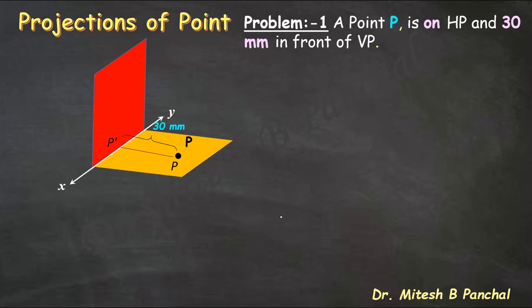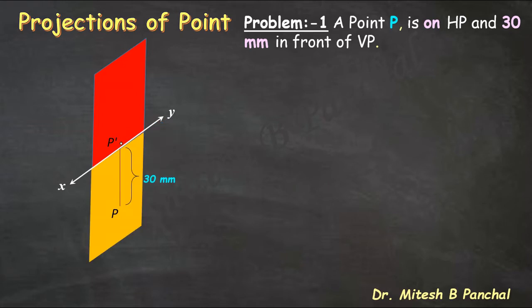Now we want to draw its projection. So we know that VP, that is red plane, will remain as it is, and we will rotate HP in clockwise direction by 90 degree. So ultimately we get both the projections on same plane.